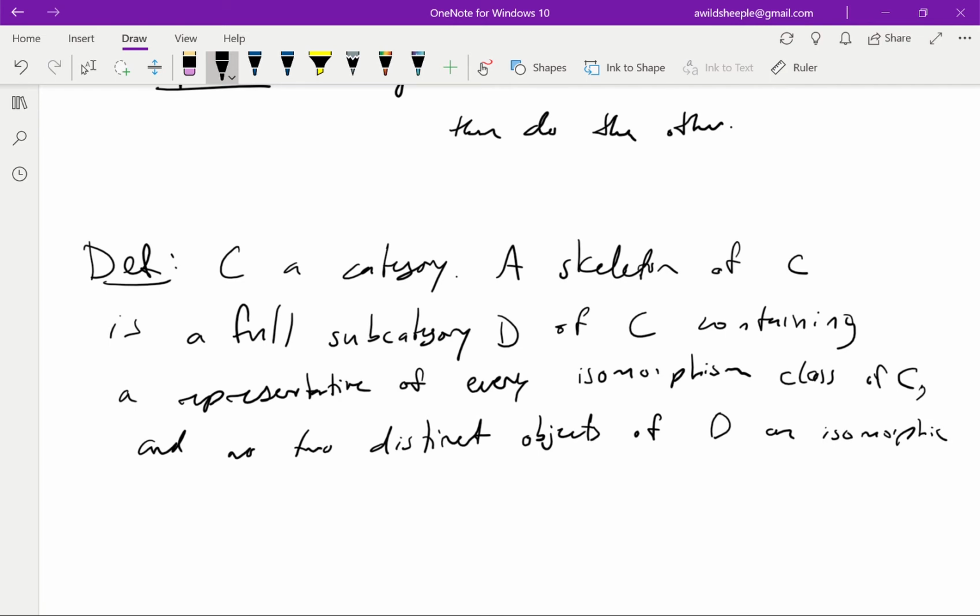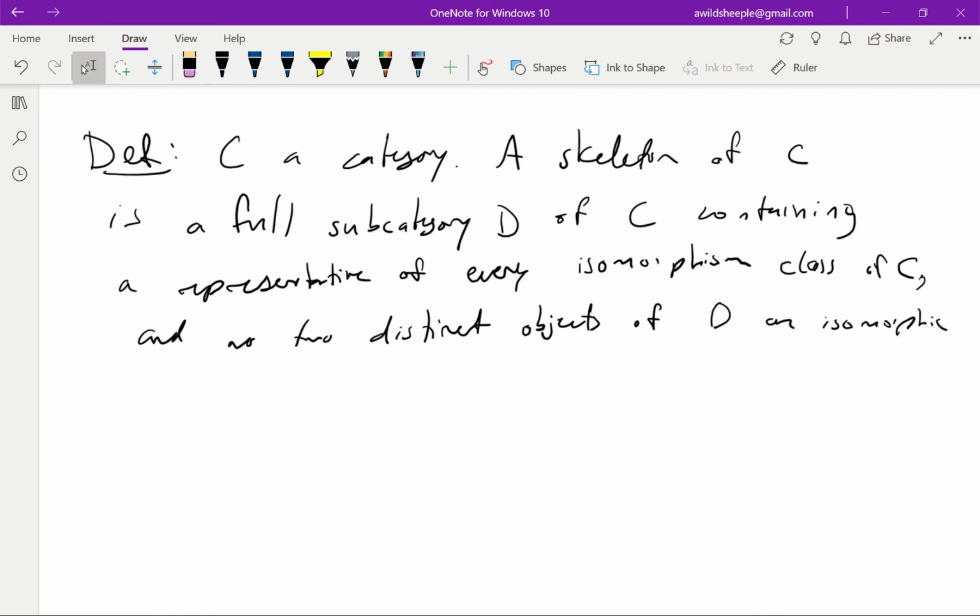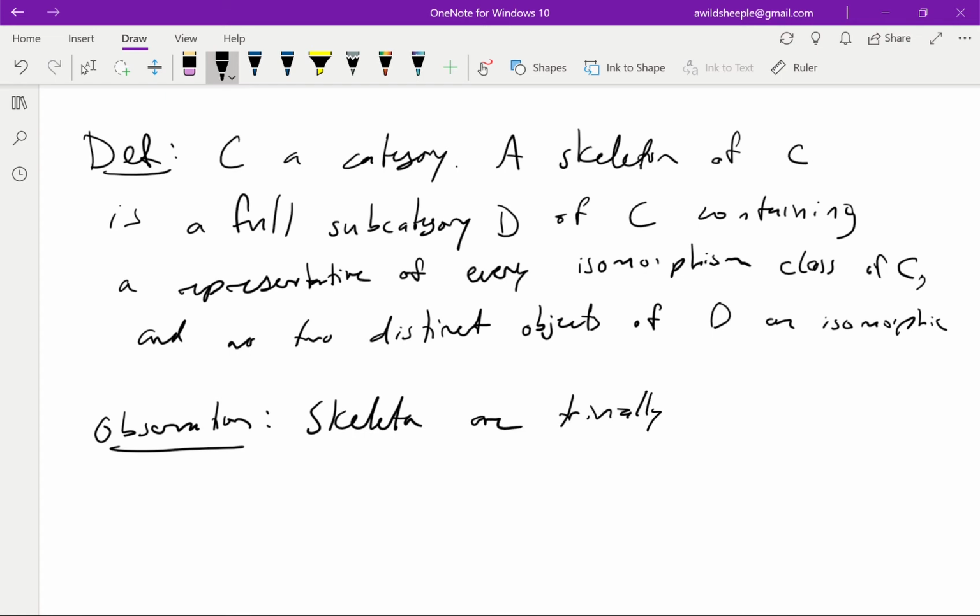Okay. And so the useful thing about this definition is that skeleta, maybe I'll call this an observation, skeleta are trivially equivalent to the categories that they are skeletons of.